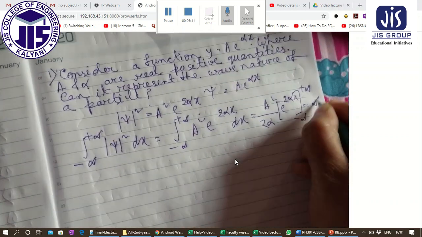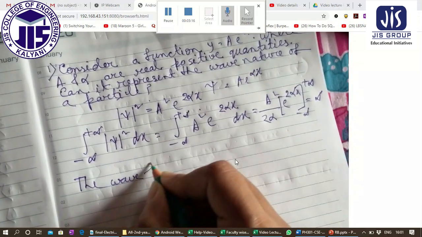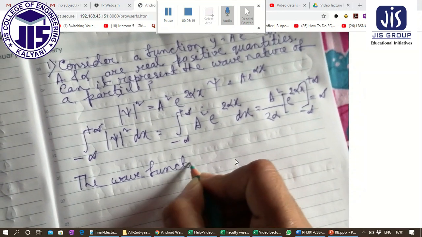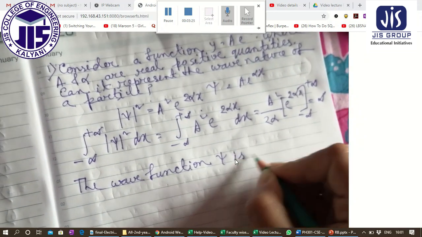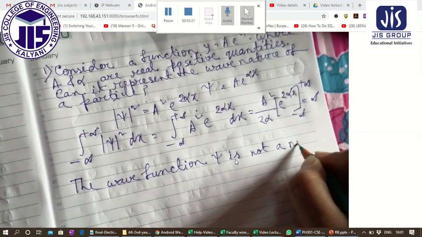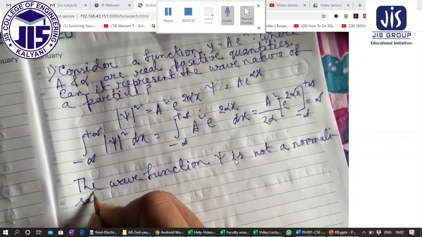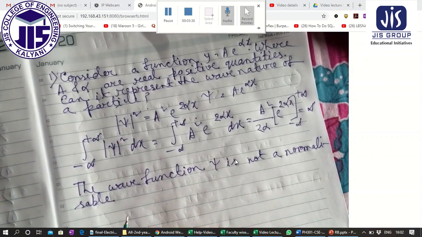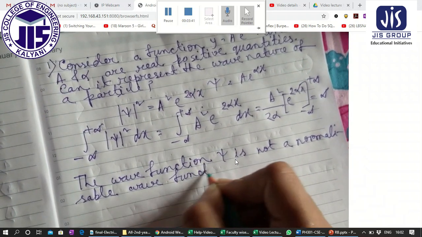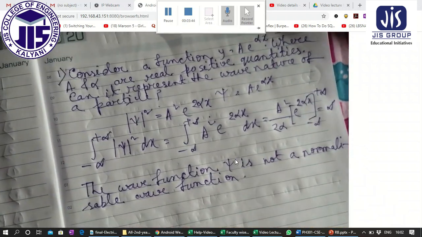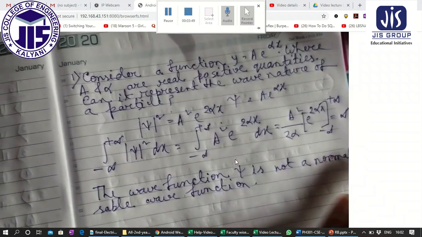it will obviously be equal to infinity. The wave function psi is not a normalizable wave function, because here we are getting the integral of psi square equal to infinity.